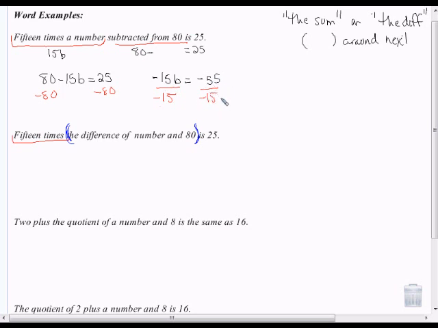Would you all agree they don't divide evenly? Okay. So B is going to be equal to 55 and 15 both divide by what? 5. So I'm going to divide this one by 5, and I'm going to divide this one by 5. And I'm going to get B is equal to 11 thirds.